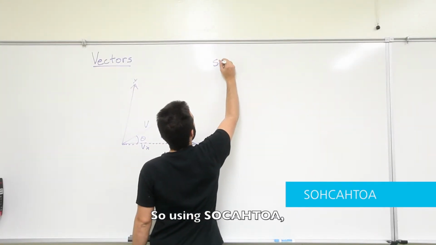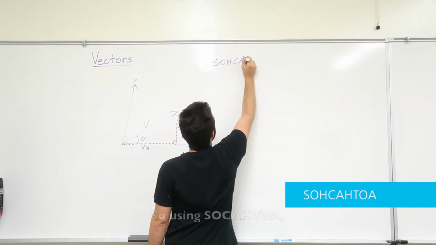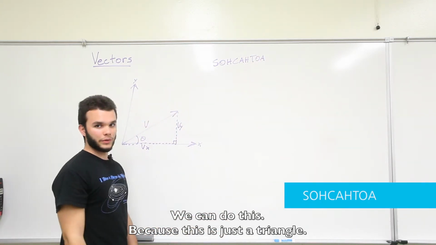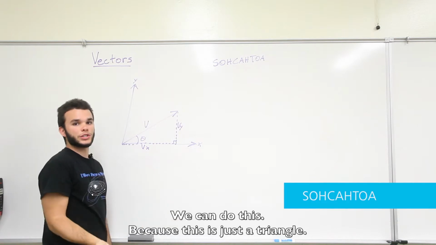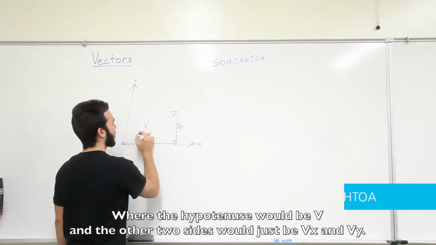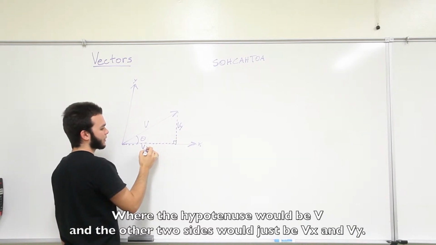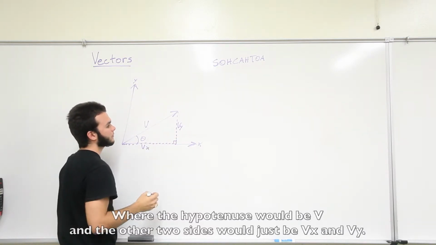So using SOHCAHTOA, we can do this because this is just a triangle where the hypotenuse would be V and the other two sides would just be Vx and Vy.